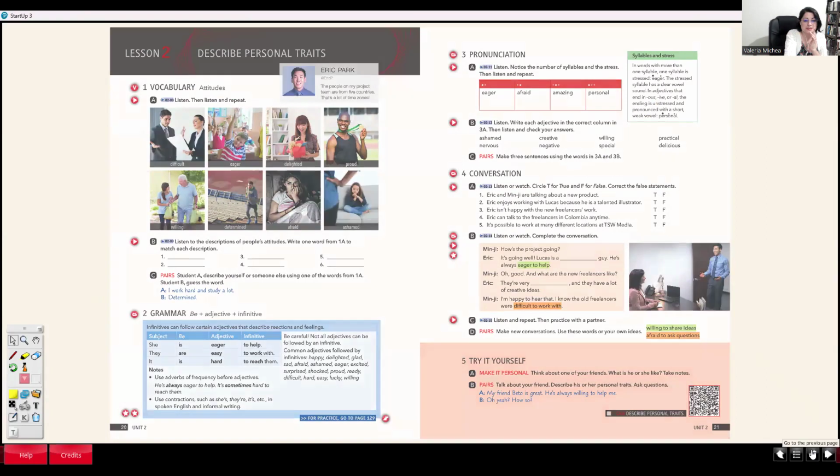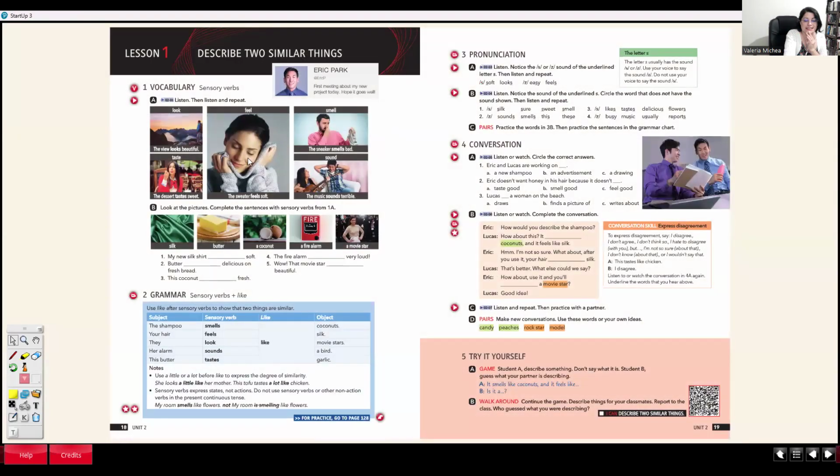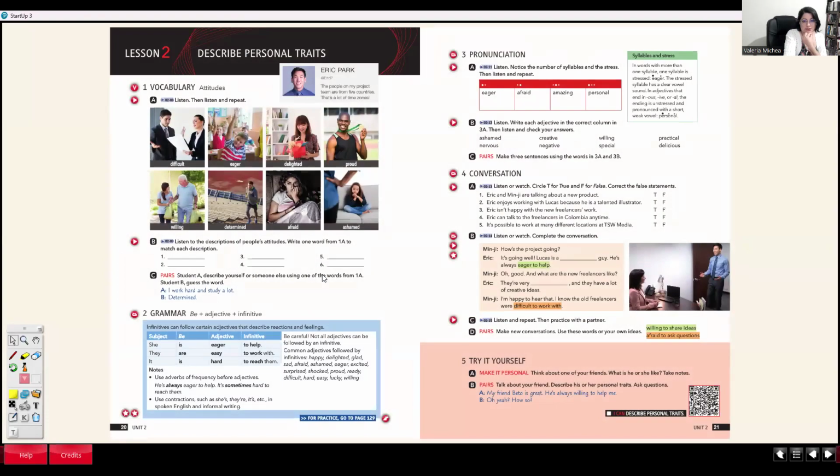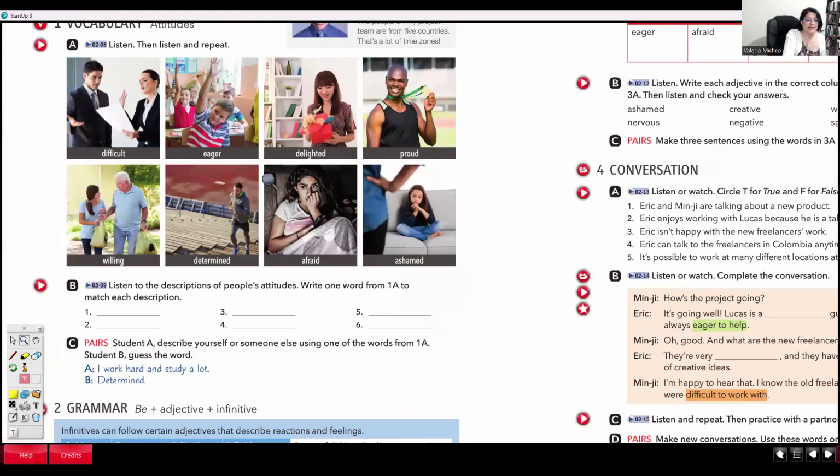It's not such a complicated thing to do, just add a sensory verb and then an adjective, okay? But now it is a little bit more complicated because you need to integrate a specific structure, right? So that's going to be a little challenging.